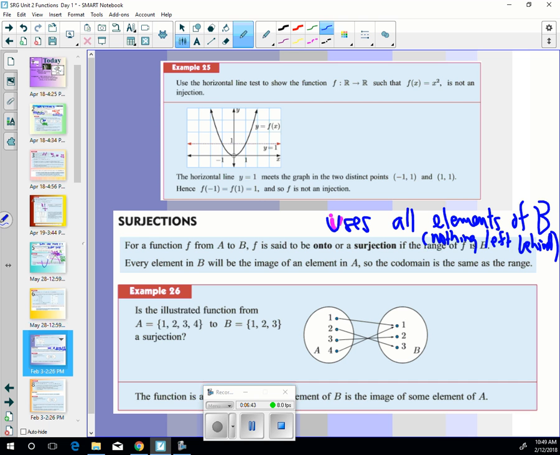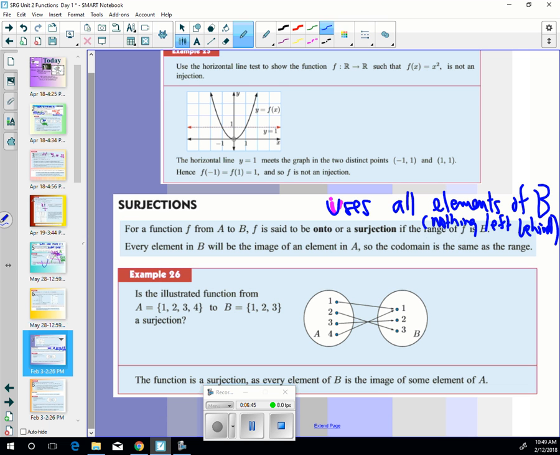Okay, so like this one, this is probably the easiest. 1, 2, 3, 4 to B, 1, 2, 3. The way they've paired it, is this a surjection? Are all the elements of B being mapped to something in A? Yes. So this is a surjection.